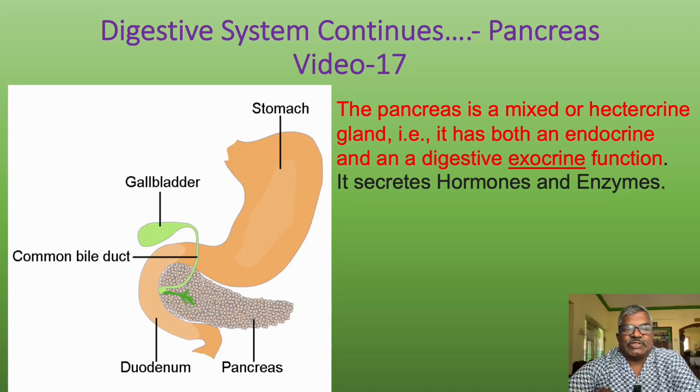Today a continuous video of the digestive system. We can start with the pancreas. Before we discuss the pancreas, I will explain the basic anatomy of the human body. We can divide our human body into head, thorax and abdomen.